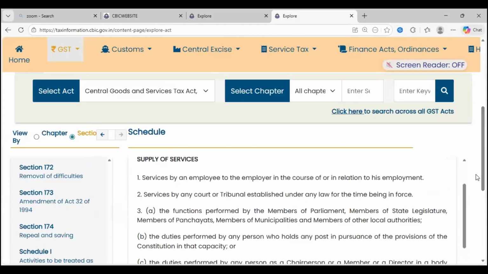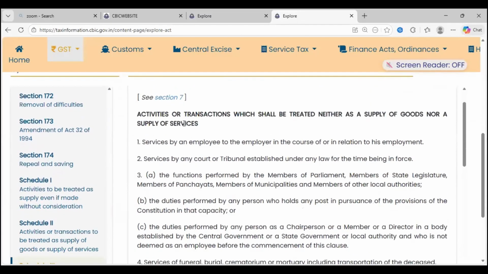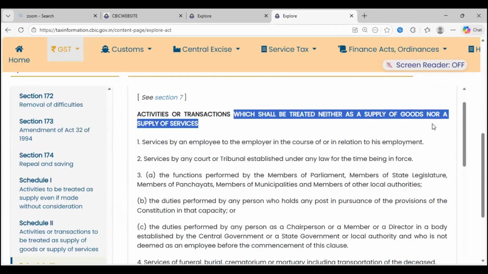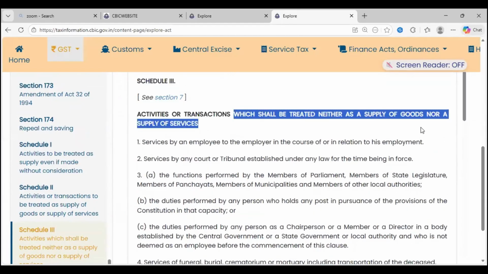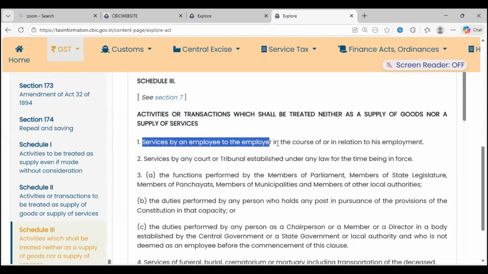The government said that, look, these are the activities or transactions which shall be treated neither as supply of goods nor as supply of services. So it is neither goods nor services. First example, services by an employee to the employer in the course of or in relation to his employment. So this is not subjected to GST. We come across this particular transaction when we file income tax returns.